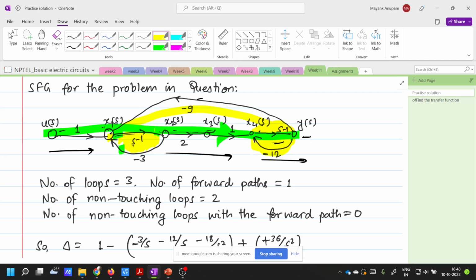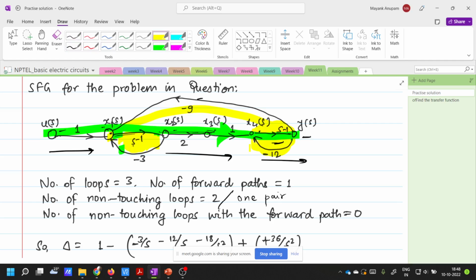This loop contains x1 and x2 and this contains x4 and y. So these two loops are non-touching because they do not have any node in common. So you have just two non-touching loops, or basically you have just one pair. Let's write it here. One pair.